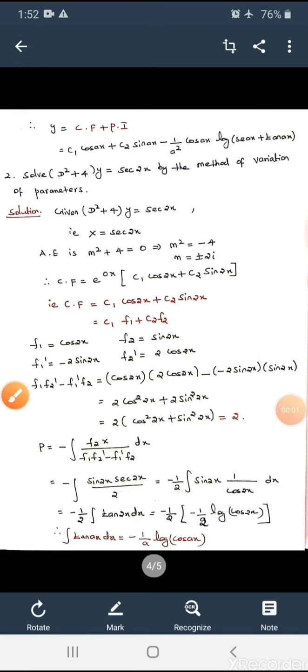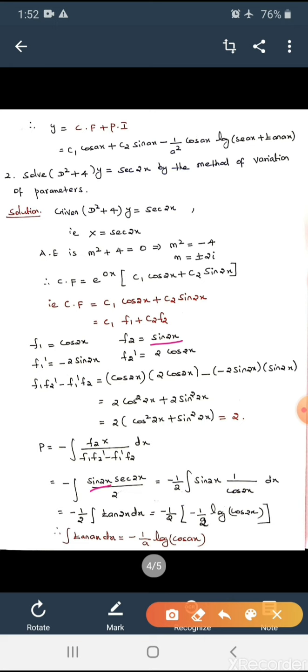Okay, now let us calculate P, that is equal to minus integral f2 X by (f1 f2 dash minus f1 dash f2) dx. That is equal to minus integral, you substitute f2 is sin 2x. So sin 2x into capital X, which is secant 2x, divided by the denominator value we already calculated, that is 2.